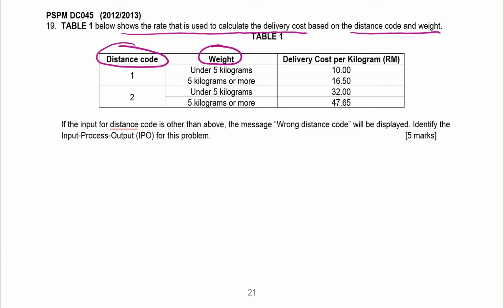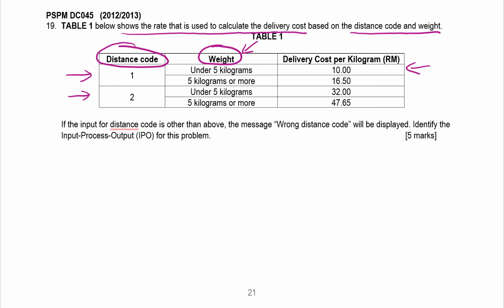So the first condition here is you have to insert distance code, whether the distance code is 1 or 2, followed by you have to enter the weight. If the weight is under 5 kg, you have to pay a delivery cost of 10 ringgit per kg.